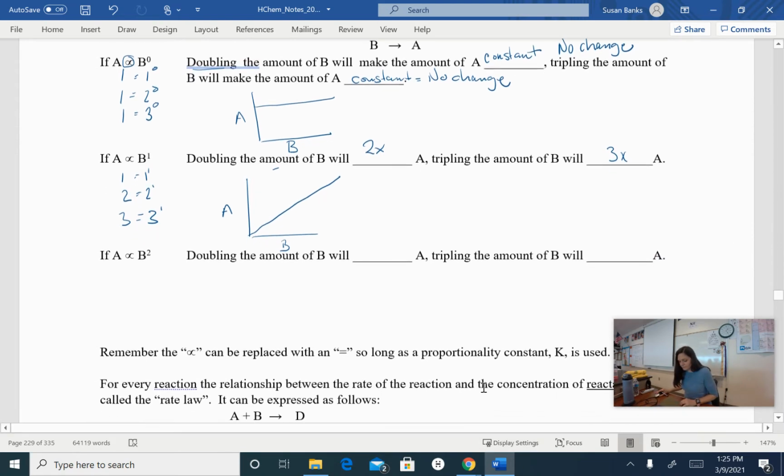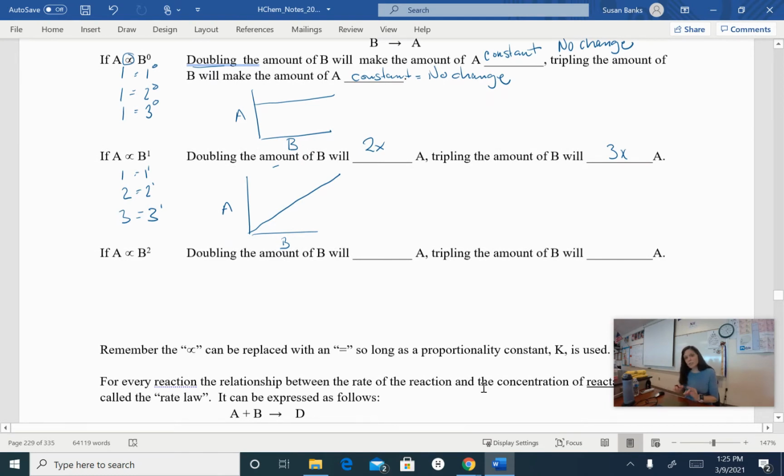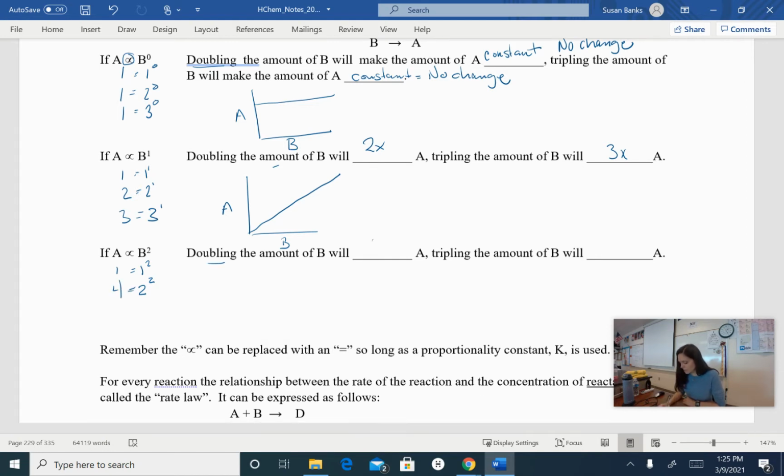All right, let's do B squared now. So if I have 1 squared, A would be 1. What if I double it? 2 squared, A would be 4. So doubling the amount of B would quadruple A, right? Square. What if I triple it? 3 squared is equal to 9.